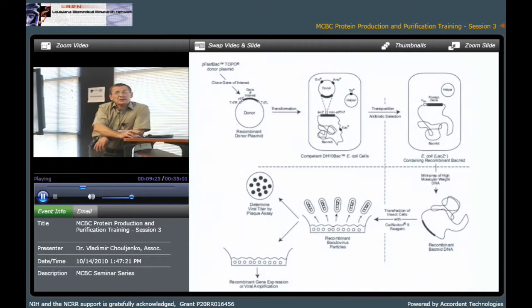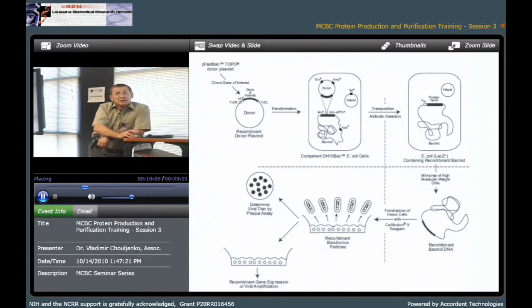You transform this plasmid into these DH10Bac cells, under selection of three antibiotics, because these cells have a bacmid with kanamycin resistance, and it also has a LacZ cassette for blue-white selection. The donor plasmid has gentamicin, and the helper plasmid containing the transposase, which actually facilitates this transposition, also has tetracycline selection.